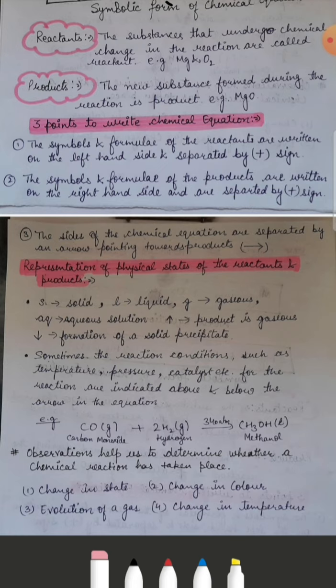Sometimes we also use these arrows to represent temperature, pressure, or catalyst, etc., for the reaction. To indicate these temperature, pressure, or catalyst conditions, we use the symbols of upward and downward arrows.